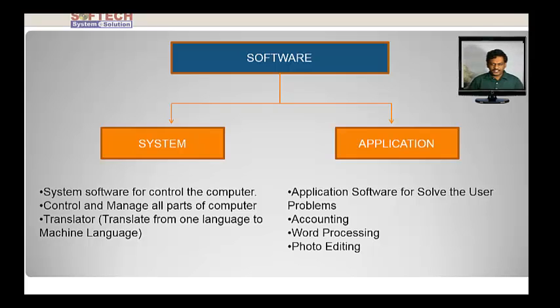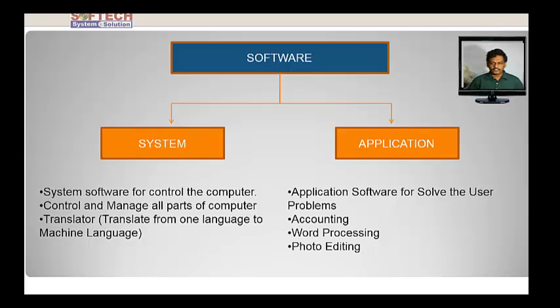If we want to find whether a software is system software or application software: if the software helps the computer, it is system software. If a software helps the user, it is application software.